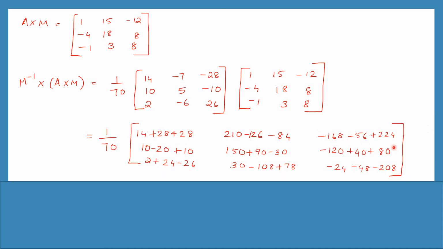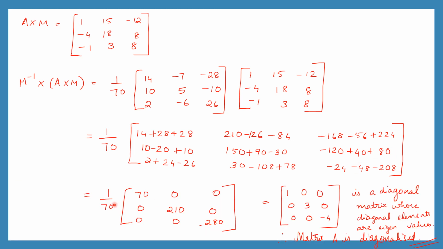So this is the corresponding matrix multiplication step. We obtain 1 by 70 into 70, 0, 0, 0, 210, 0, 0, 0, minus 280. If you divide this matrix by 70, it becomes 1, 0, 0, 0, 3, 0, 0, 0, minus 4. You can see that this is a diagonal matrix.